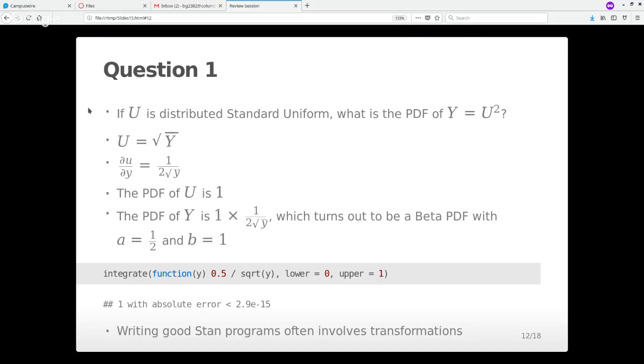So if you were doing this in a STAN program, sometimes it would be easiest for STAN for you to declare u in the parameters block, and then y is the square of u in the transformed parameters block, and then go from there. But you could obtain the same implications if you put y in the parameters block and u is the square root of y in transformed parameters.